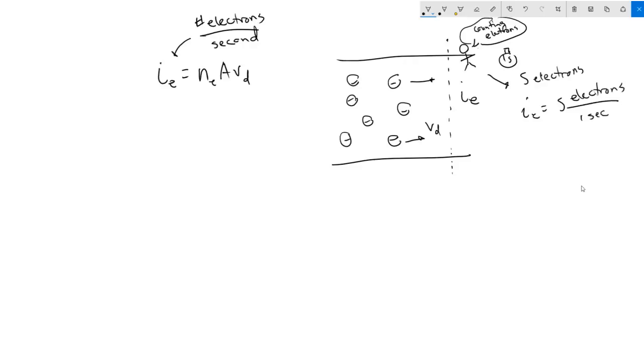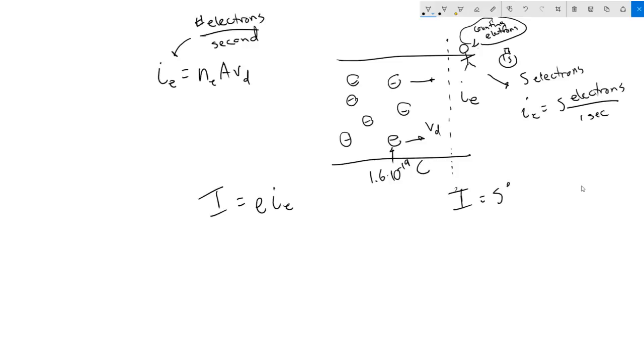Okay, that's little i. Big I is how much charge is passing by. So big I would be, each electron has a charge of 1.6 times 10 to the negative 19 coulombs, right? So you have 5 electrons pass by.